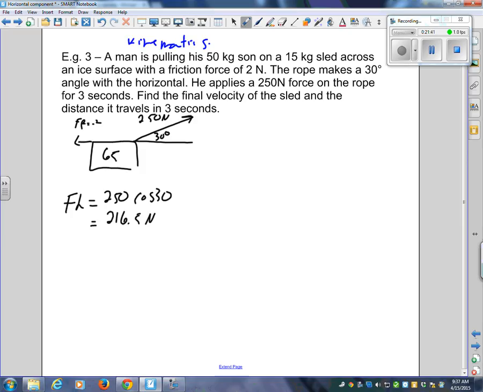Okay, so follow the pattern that I showed you. Next step, find the net force. That's going to be the horizontal plus the negative friction, which is minus 2. Why are you minus 2? Because the friction is negative, right? Opposite. And then you go F net is equal to MA.